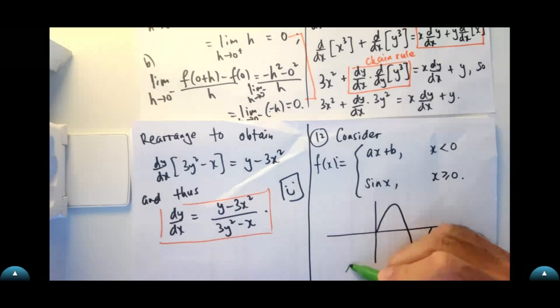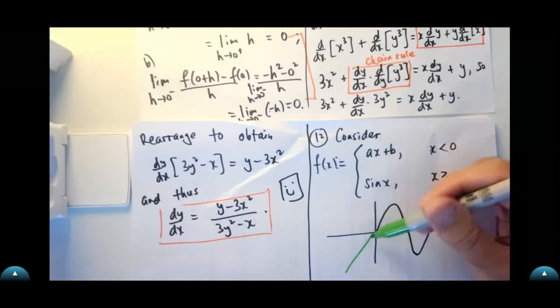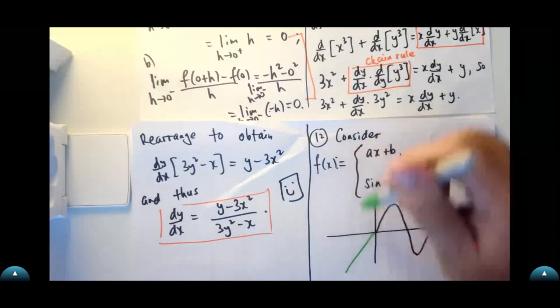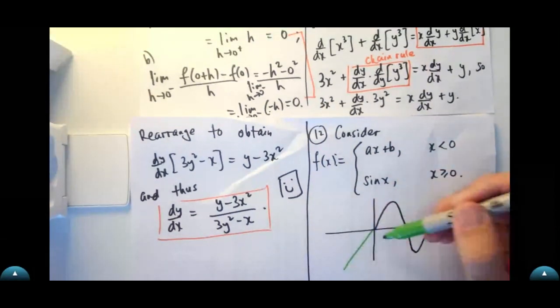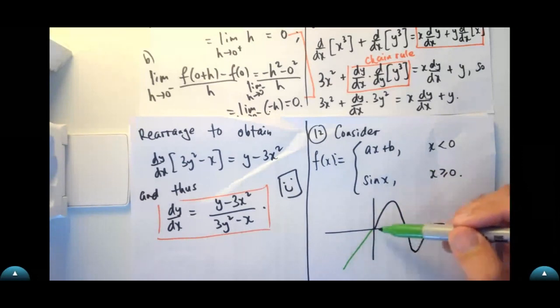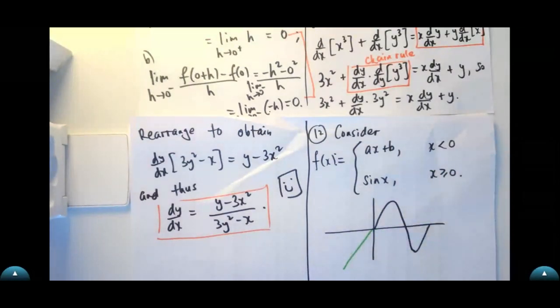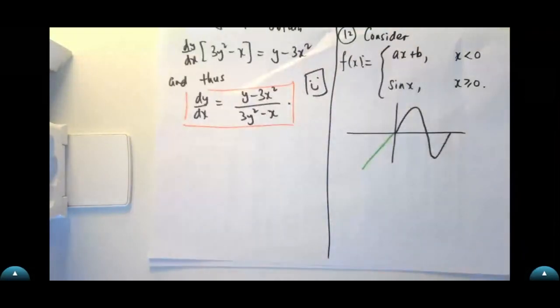In the first part we want continuity, so it has to join up at 0. But in the second part we want a nice smooth connection here. So we can get some idea of what's going on, but let's do it algebraically.